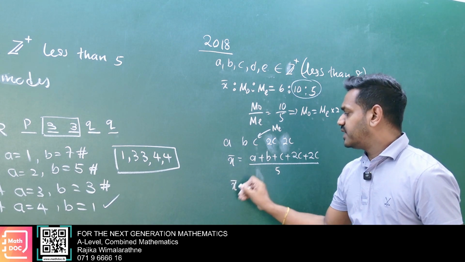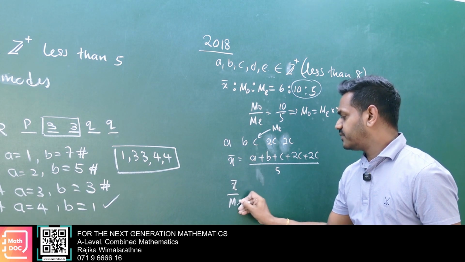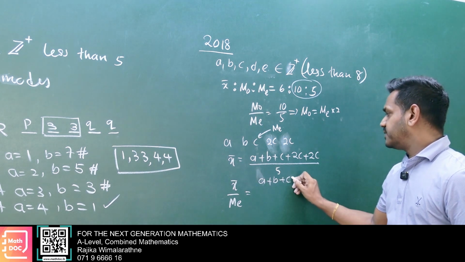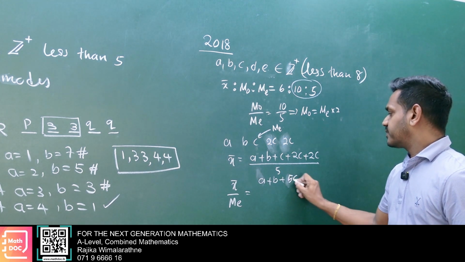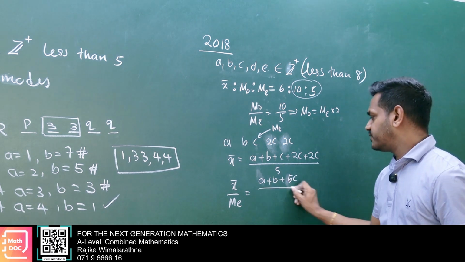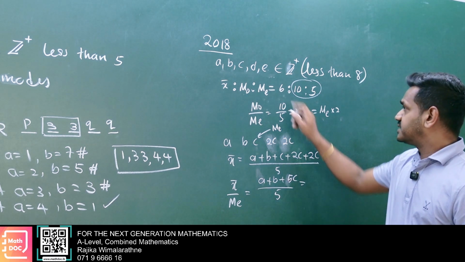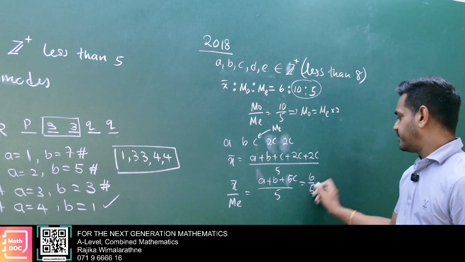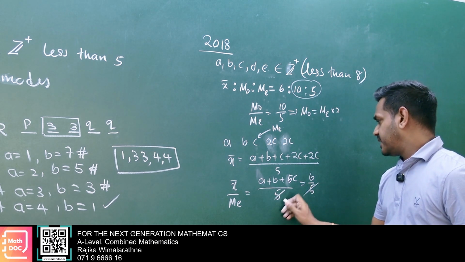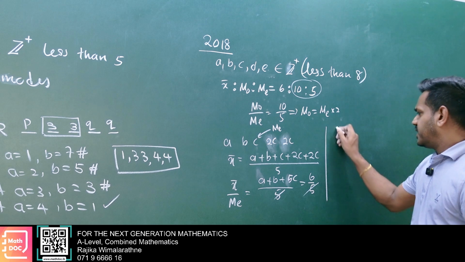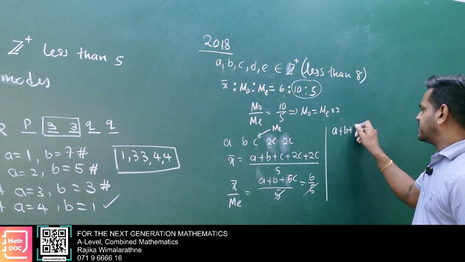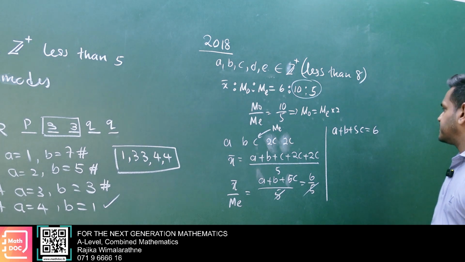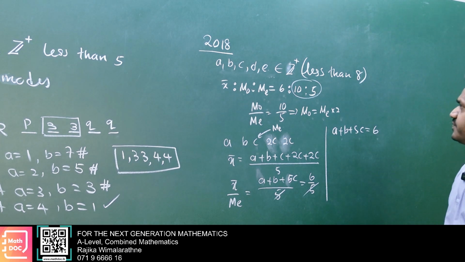I'll take median. Then x bar mean is A plus B plus 5C over 5. Then x bar is 6, median 5. Then A plus B plus 5C equals 6.